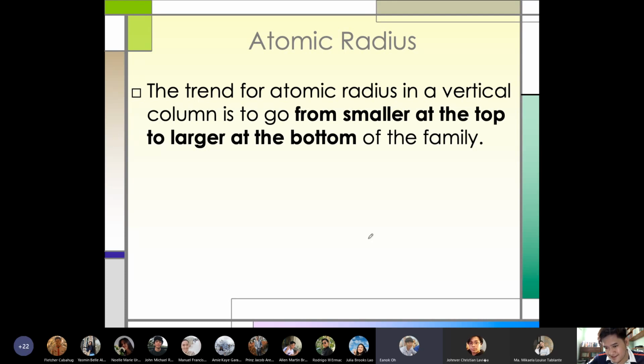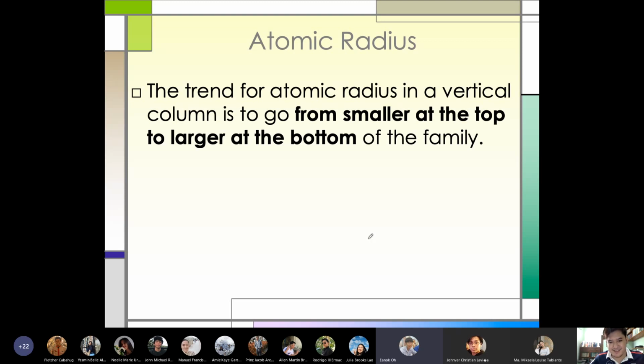However, for francium, since it has only one valence electron, it has the lowest energy that it gets attracted to, so it has the largest atomic radius, I think.